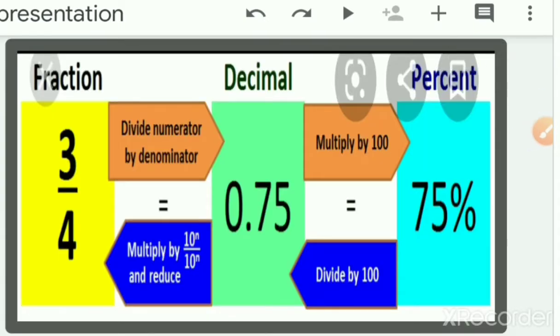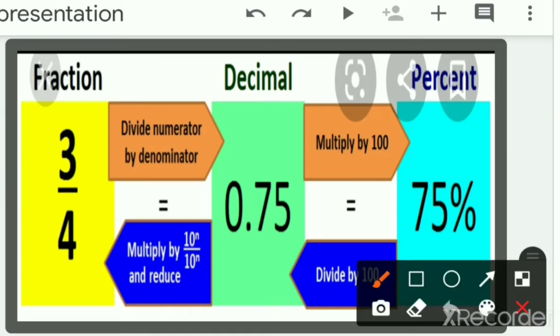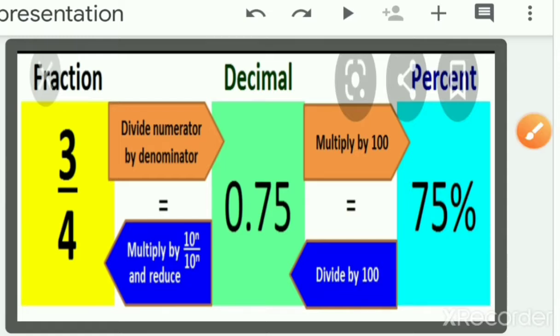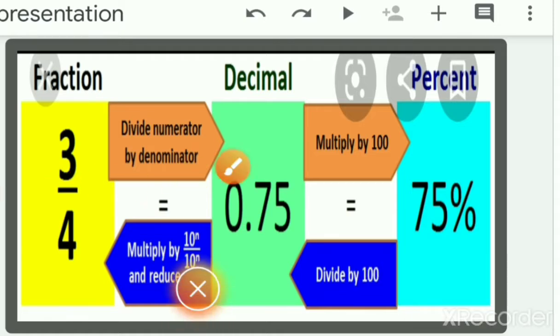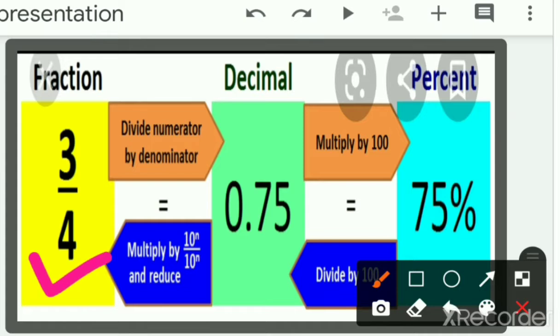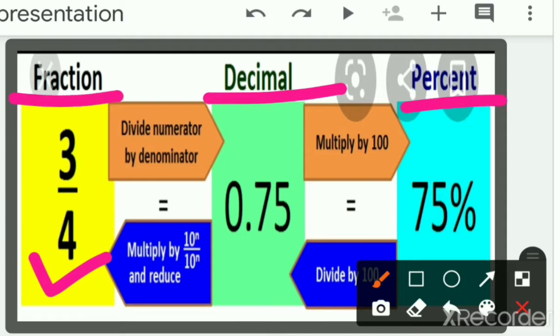Now we have the next question. We have been given 3 by 4, that is the fraction. This is the decimal which we have got, and this is the percentage.